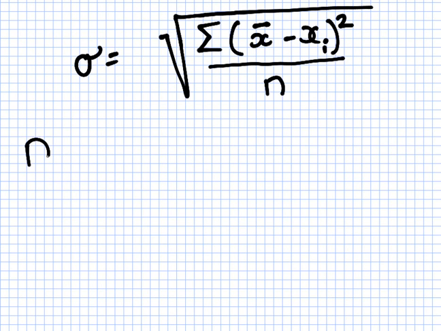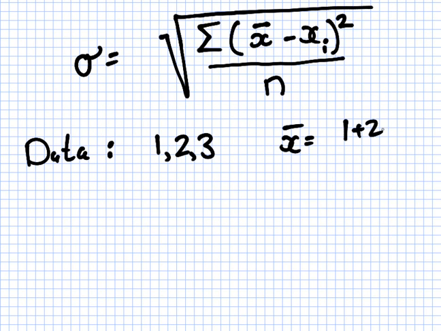So let's say our data is 1, 2, and 3. So the average here is 1 plus 2 plus 3 over 3, which equals 2. What's xi?